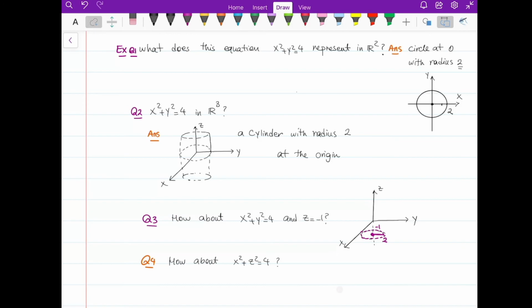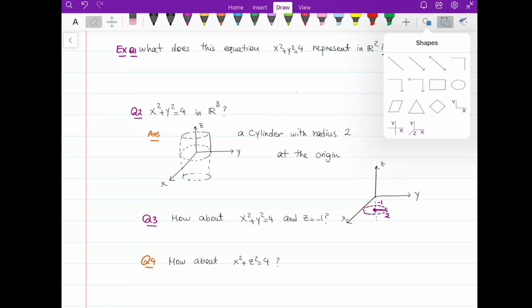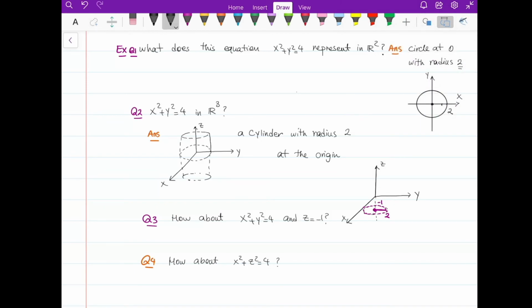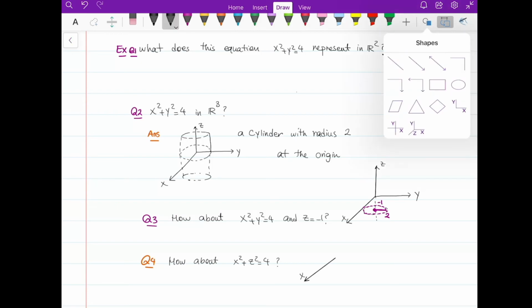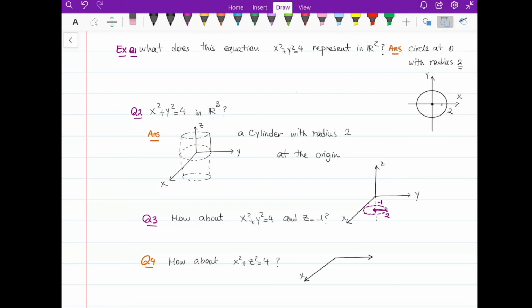I'm gonna graph the axes and give you some time to think. So I have the x-axis, I have the y-axis, then I have the z-axis.